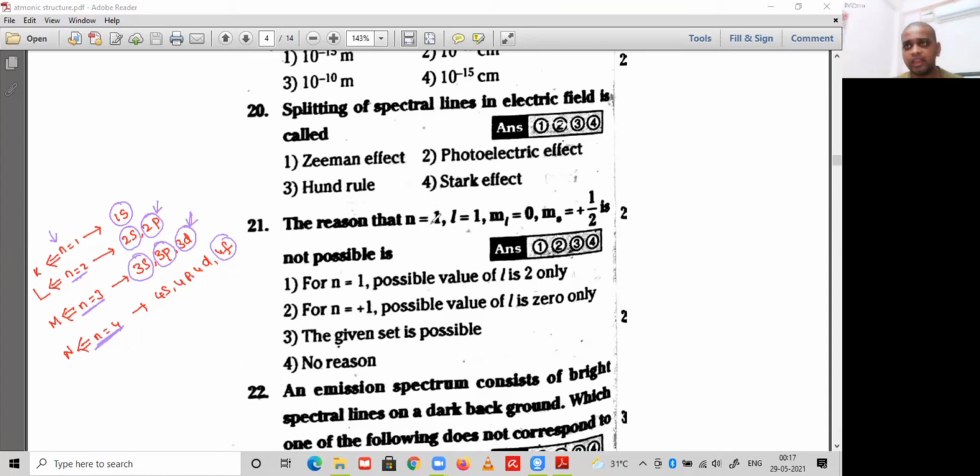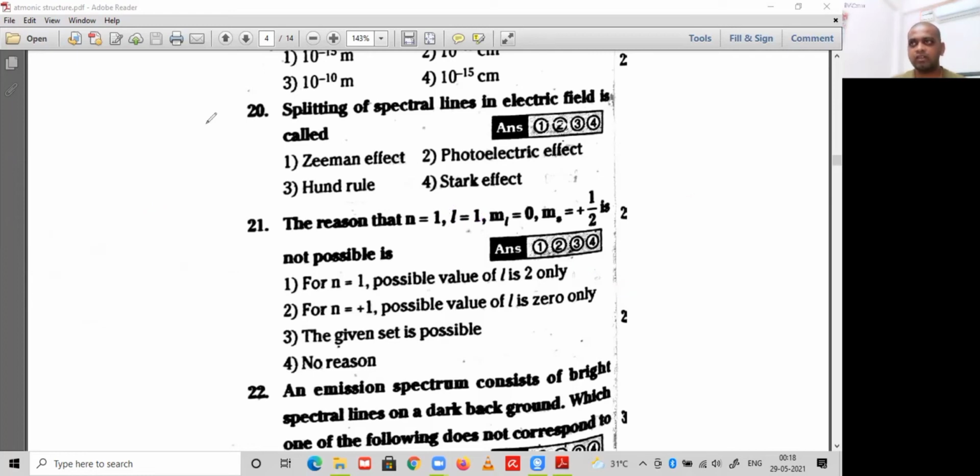Now, n equal to 1 is the first main energy level, and l equal to 1 will be the p subshell. So 1p will not exist in the first main energy level. Check the options. n equal to 1 is possible for the value of l equal to 2 only. No, this is the wrong answer. And for n equal to 1, the only possible l value is 0. So this is the correct option. Option 2 is the correct option for question number 21.